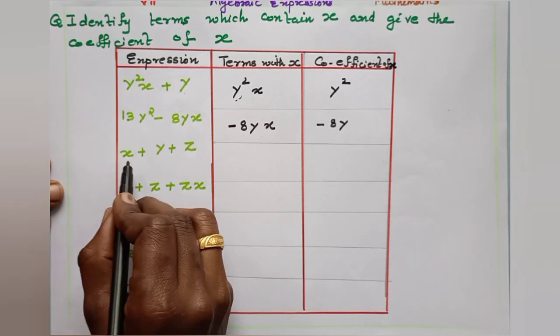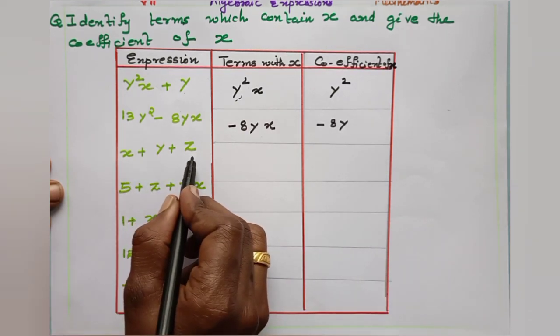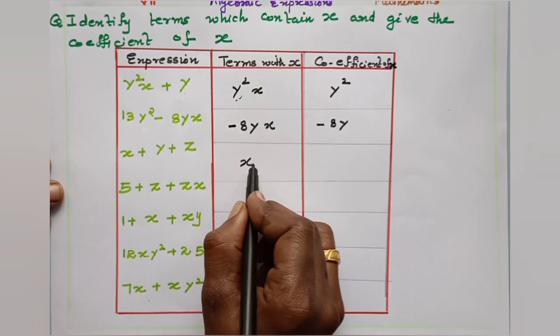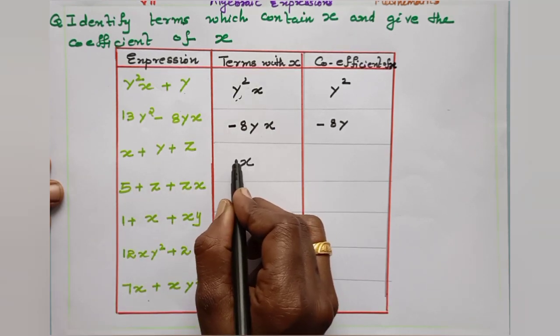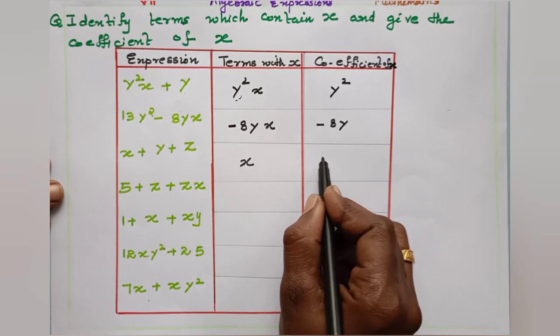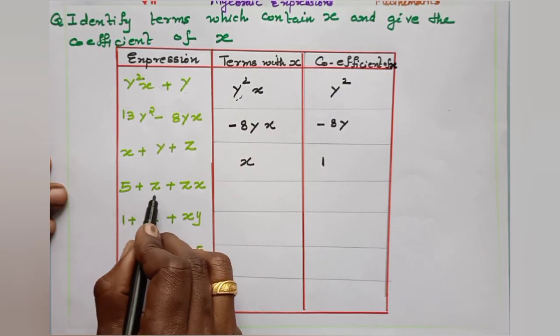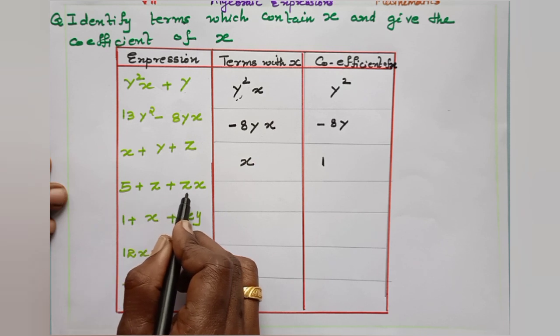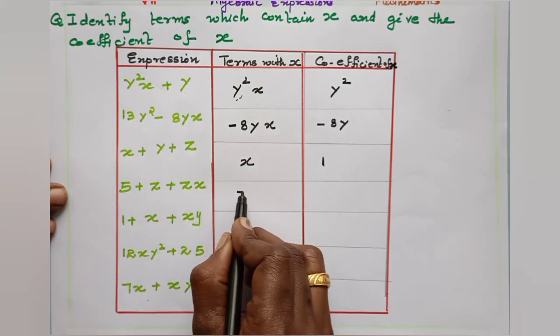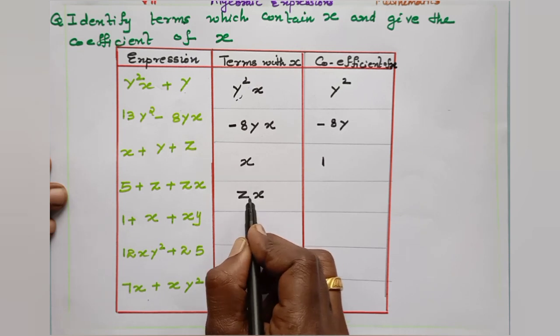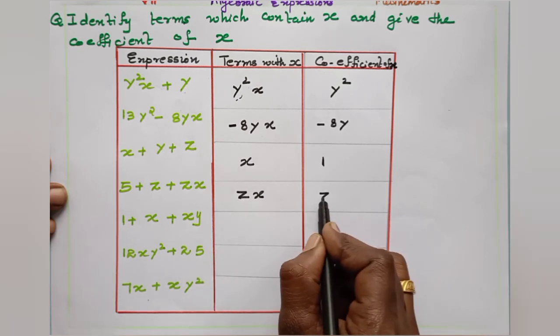Then x plus y plus z. The term with x is only x. The coefficient of x is the numerical value 1. Then 5 plus zx. The term with x is zx, so the coefficient of x is z.